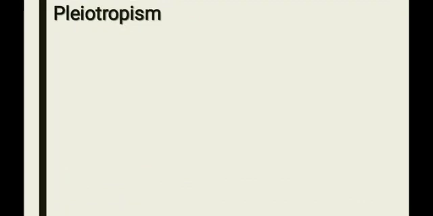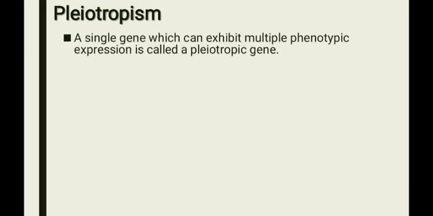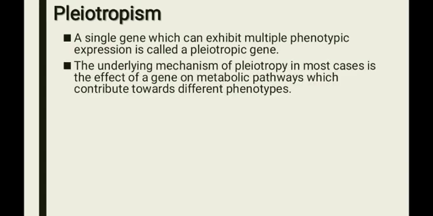What is pleiotropism? A single gene which can exhibit multiple phenotypic expressions is called a pleiotropic gene or pleiotropism. The underlying mechanism of pleiotropy is, in most cases, the effect of a gene on metabolic pathways which contribute towards different phenotypes.